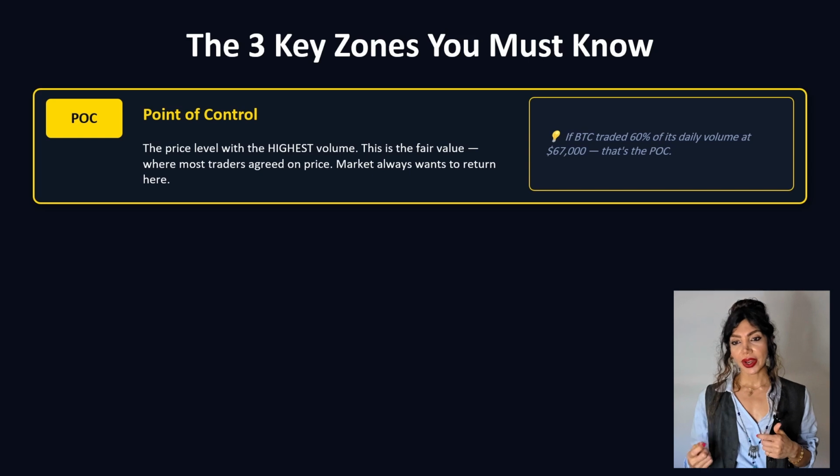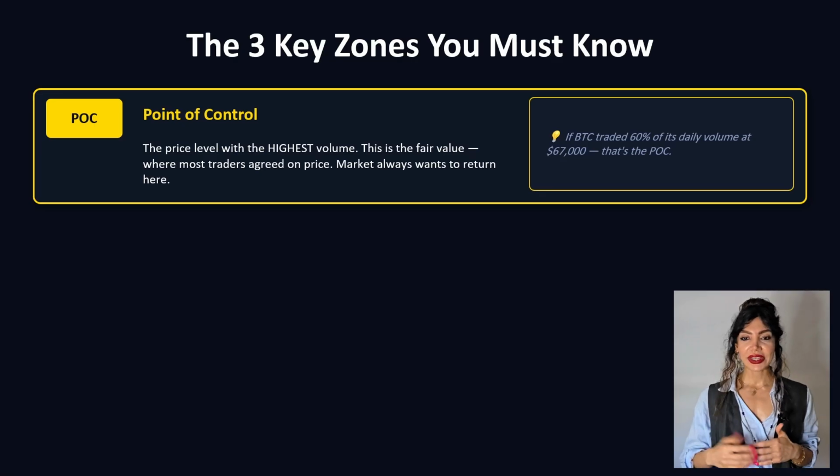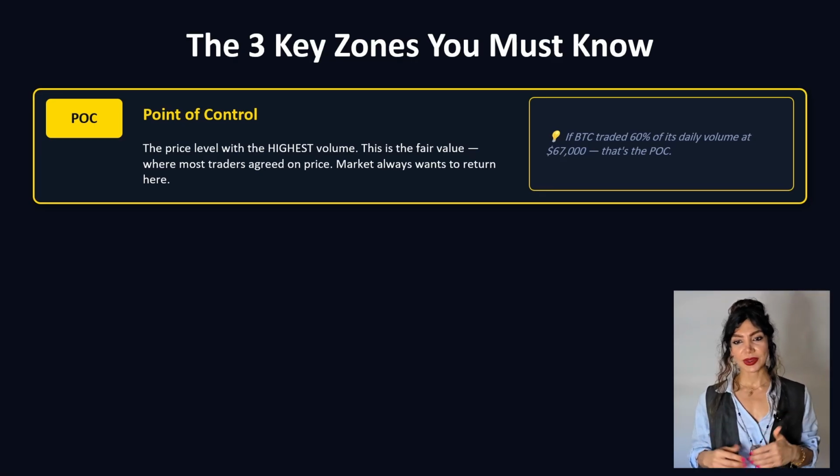It's where buyers and sellers agreed the most. And here's what's critical. The market always wants to return to the POC. Think of it like gravity. You can throw a ball in the air, but it always comes back down. Price can move away from the POC, but it always comes back.